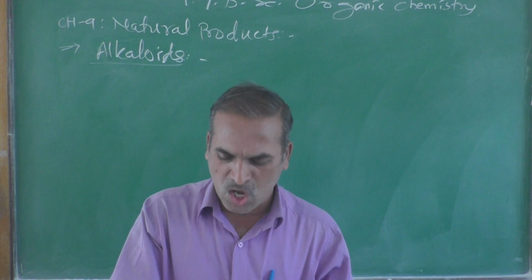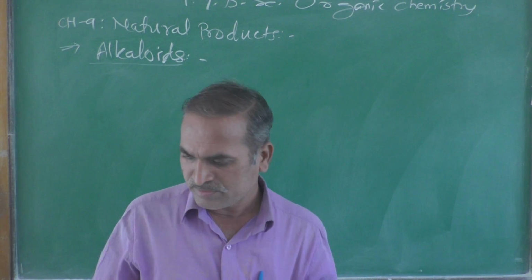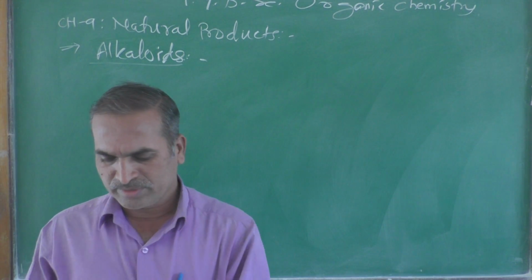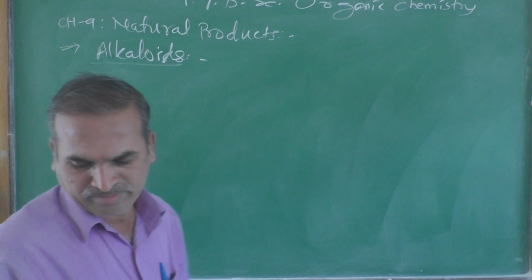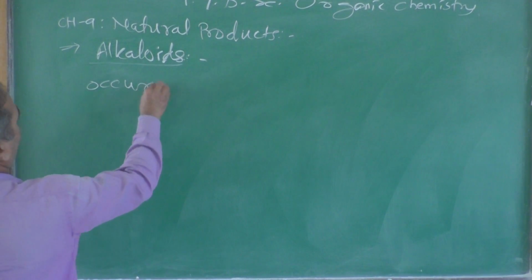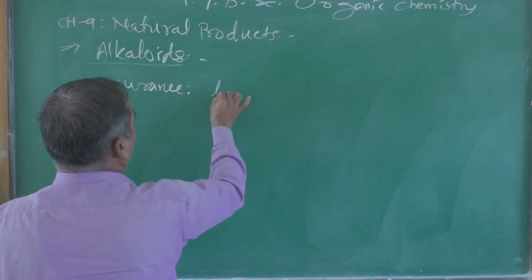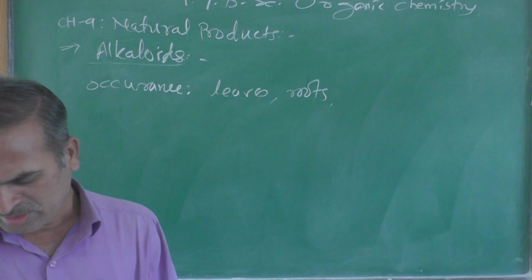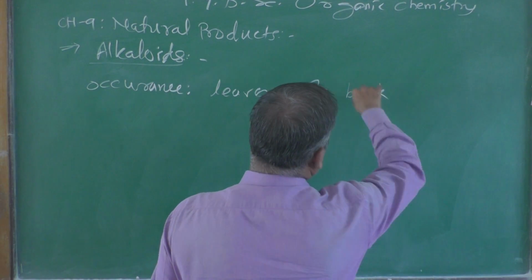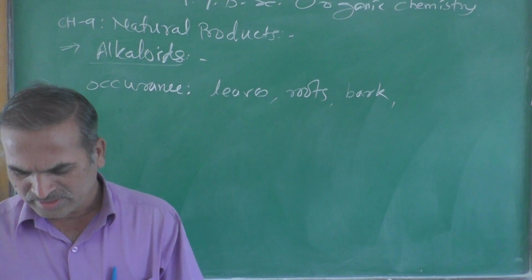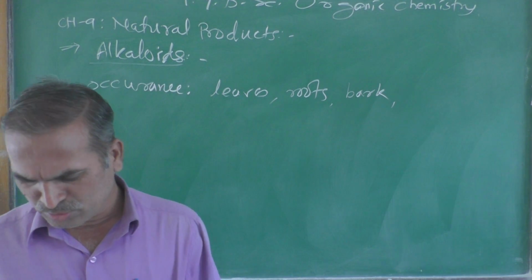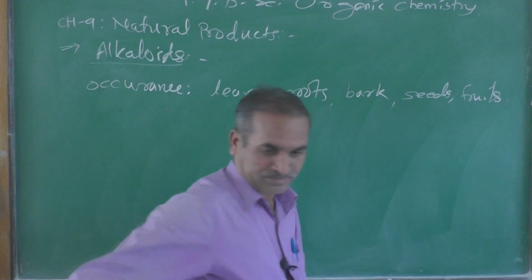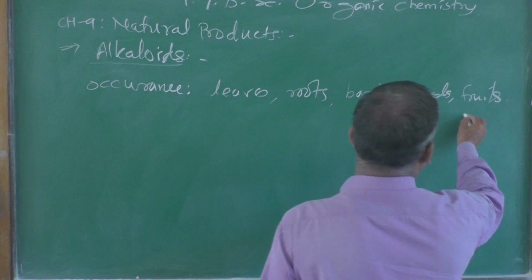So occurrences, where they occur, let us see here. Alkaloids occur in the leaves, roots, bark, or we can call it the skin of the plant, seeds, and fruits of plants.